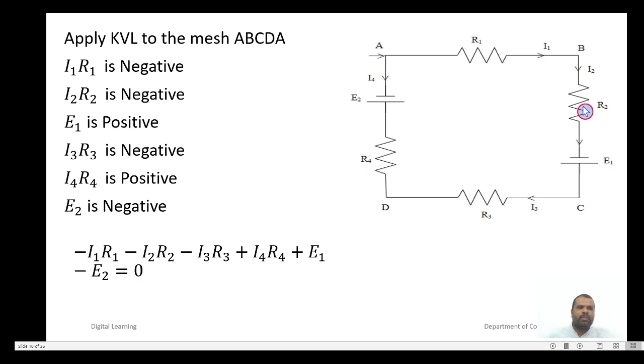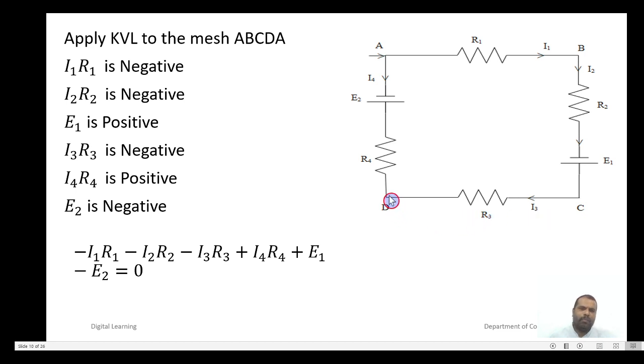I2 R2 is also negative. It is also in the same direction as the current is moving. And E1 is taken as positive because we are moving from the negative terminal of a battery to the positive terminal of a battery. I3 R3 is also taken as negative because it is also moving in the direction of the flow of current.